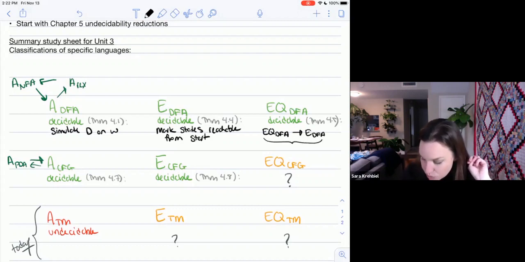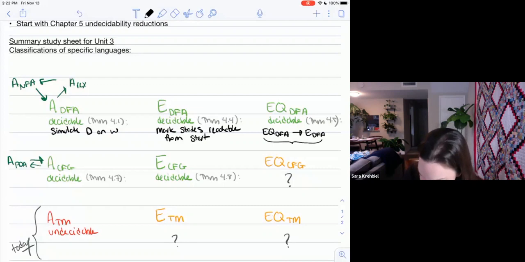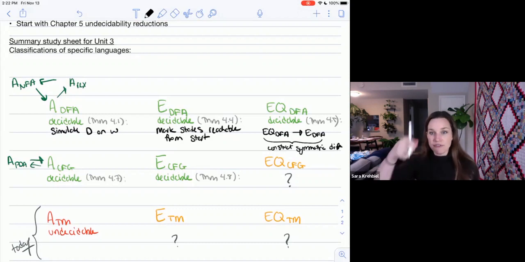This conversion process, where I take a pair of machines and turn them into one machine that's related, involved constructing the symmetric difference of the two machines. When I take the symmetric difference, I feed it into the eDFA algorithm. If eDFA says this symmetric difference machine has an empty language, then I know that the original two machines are equivalent, and so I'll say yes.